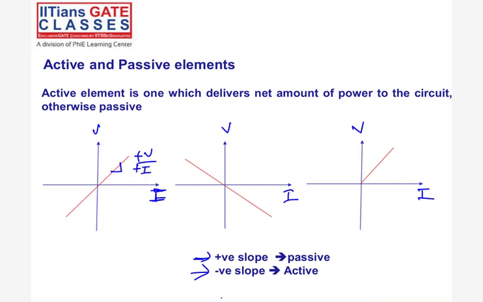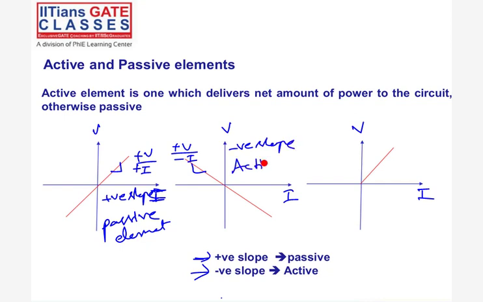Positive slope is a passive element. This can be a resistor. So resistor is a passive element. If you see here, voltage is positive, plus V by minus I. So this is negative slope, an active element. Again, this is a positive slope, passive element.